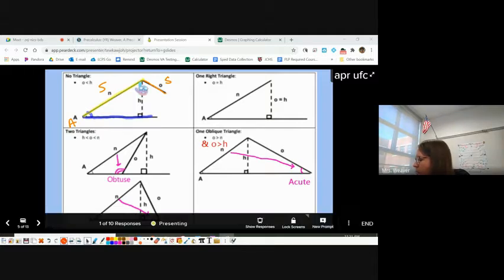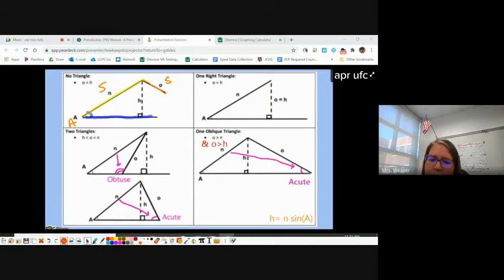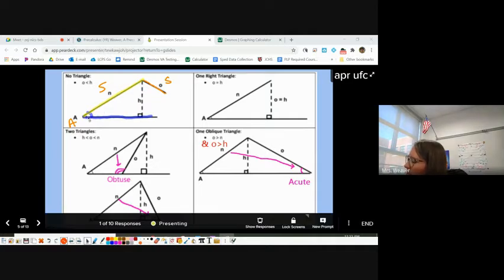Okay, it says height equals N times sine A. Sorry, when I get my cursor close to it, it covers it up. So height equals N times sine A. They labeled this side that's adjacent to the angle that we know, they labeled it N. And we'll talk about why they labeled it N in a second.